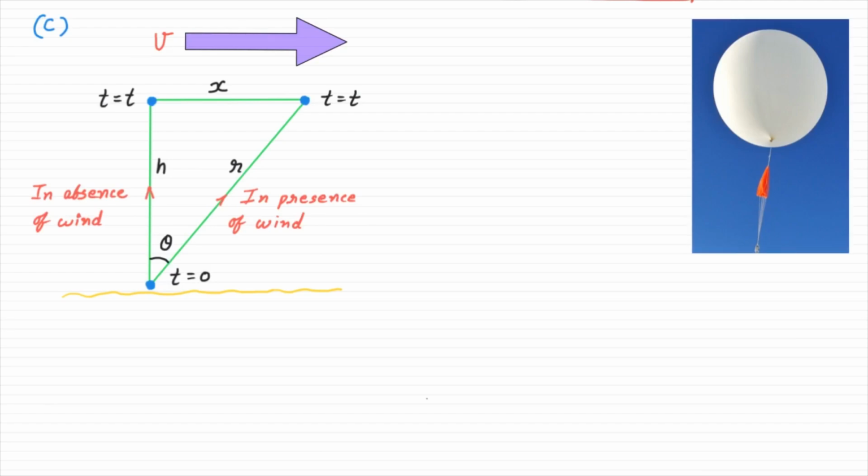Now suppose this angle is theta and the horizontal distance covered by this balloon is, let us say, x. This is the horizontal distance x. Obviously this distance is covered in the same time t. Initially the balloon was here and now the balloon is here in time t. So the horizontal distance covered is x, and that is in time t.